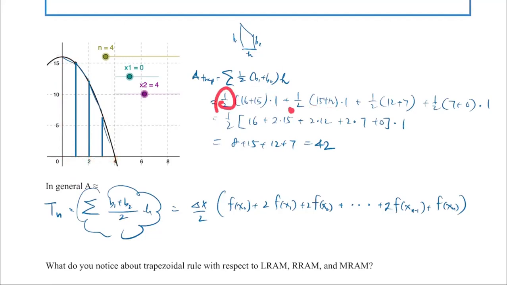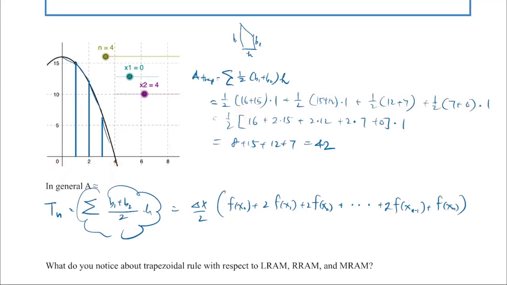So they all contain 1/2 and h, but h is 1. So factor out the 1/2. What you'll notice is that there are 2 15s, 2 12s, and 2 7s. But the lone values at the front and the end, there's only 1 of them, right?